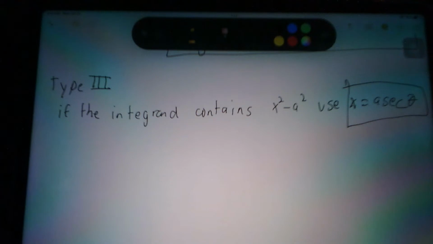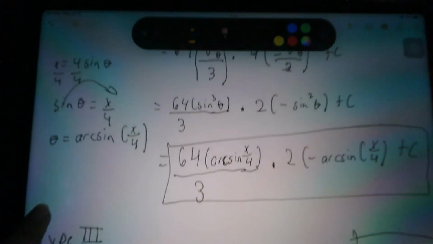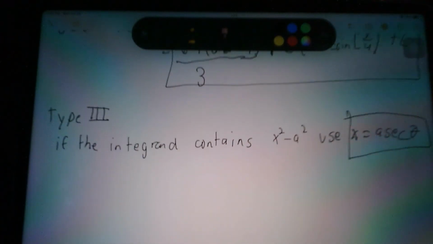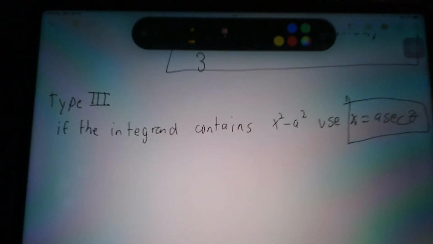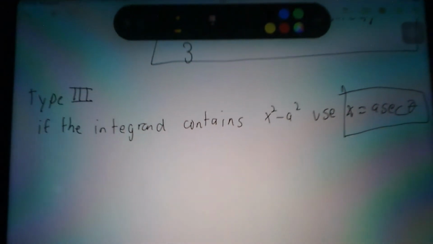So what do you notice in type 3 between type 1 and type 2? In type 3, the constants are reverted or transposed to each other.